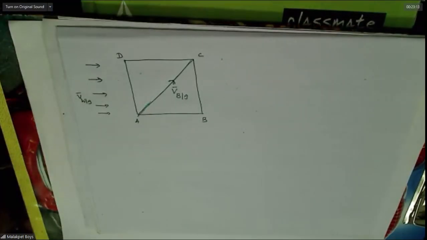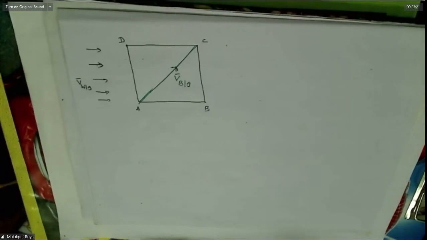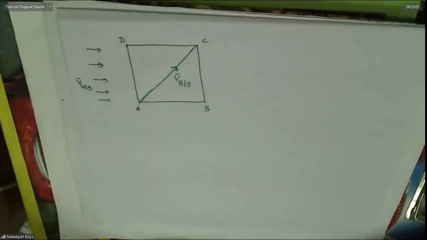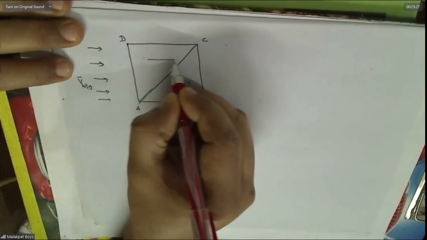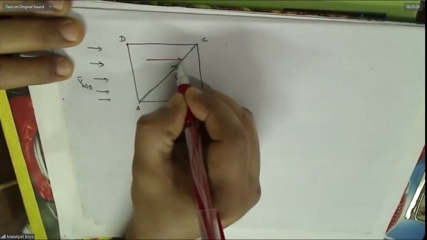He should start at A and reach point C. Am I right or not? That means velocity of bird should be along AC. But however, wind is blowing like this and it is fixed. We cannot change that. These two are fixed.